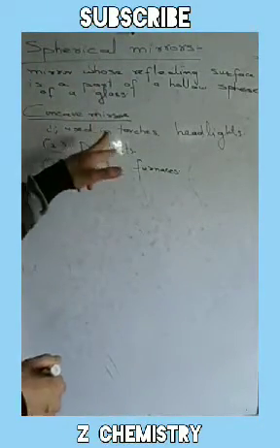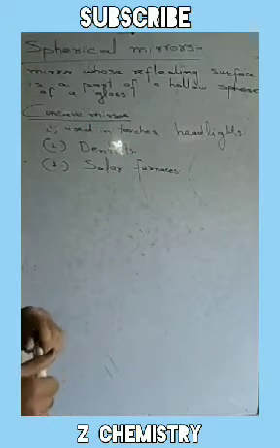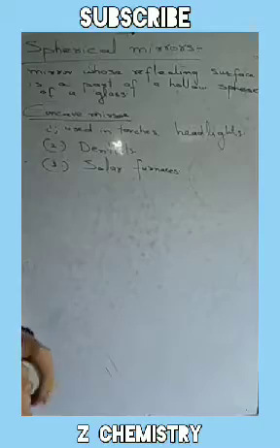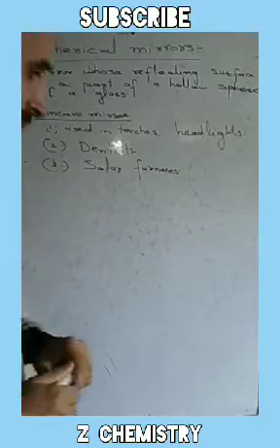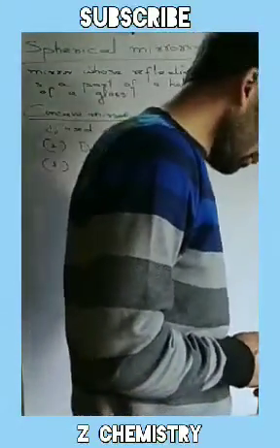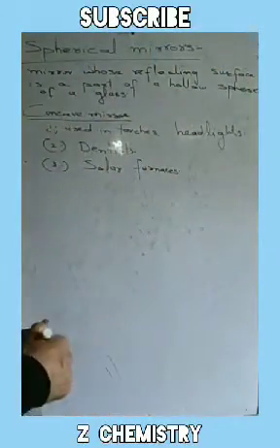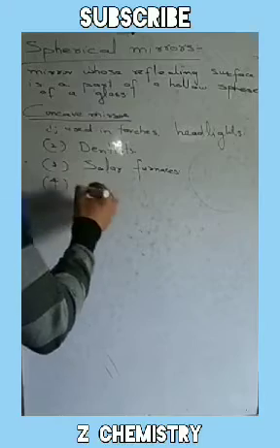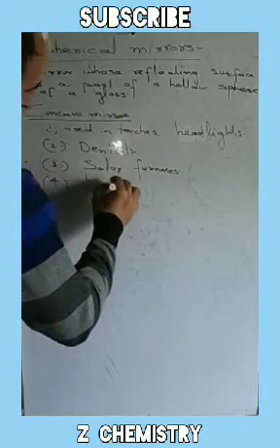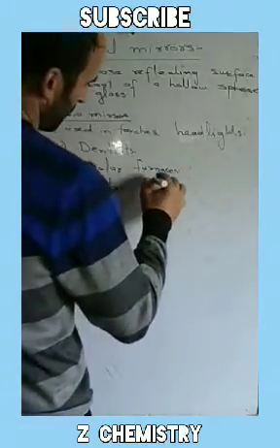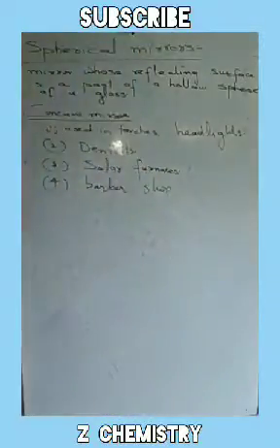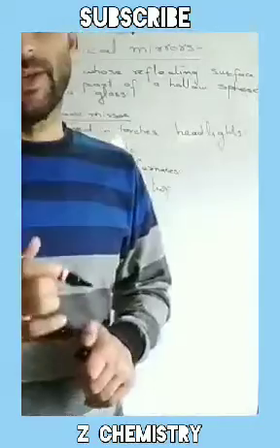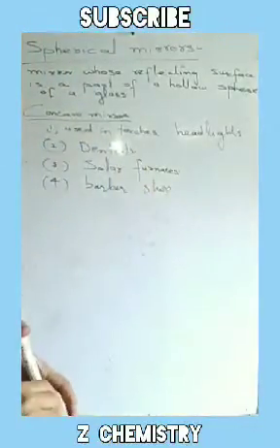First, they are used in torches, or they are used in headlights. They are used by dentists, and they are used in solar furnaces. Also, barbers use them. In a barber shop, you will find them, to have the larger image, the broader image of a particular substance.